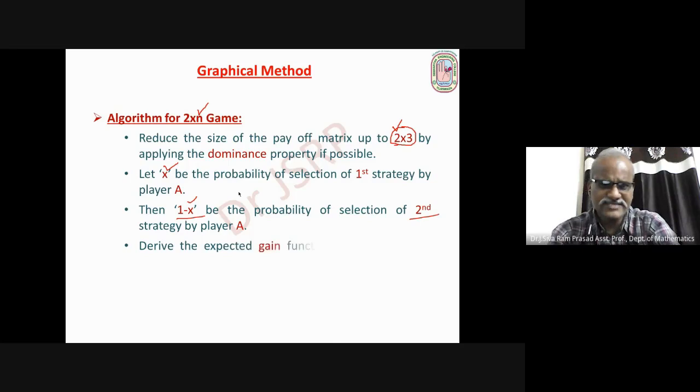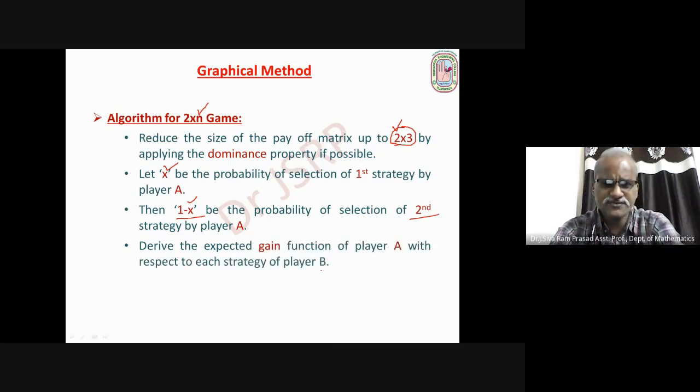Once we know the probabilities, we can calculate the expected gain for player A. Derive the expected gain function of player A with respect to each strategy of player B. Find the gain values when X equals 0 and X equals 1. When X equals 0, the probability of selection of the first strategy is 0, that means player A selects the second strategy with probability 1.